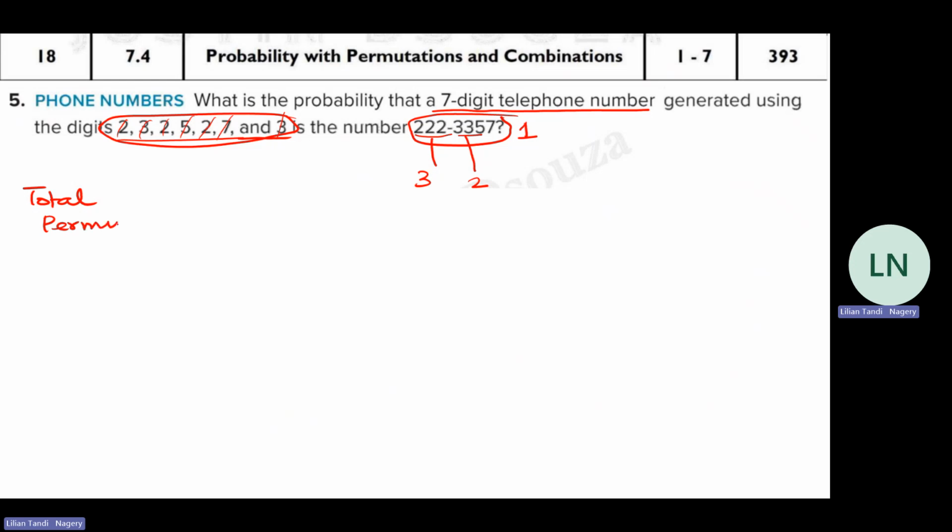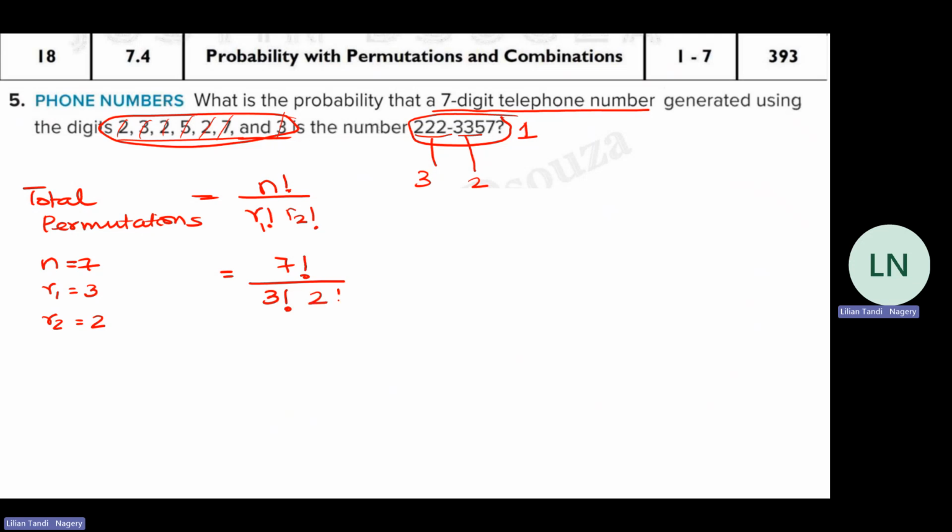Total permutations will be n factorial over r1 factorial, r2 factorial, like that. Now, your n is 7. Your r1 is the first digit that is being repeated, 3 times. Your r2 is the second digit that is being repeated, 2 times. So 7 factorial over 3 factorial multiplied by 2 factorial.